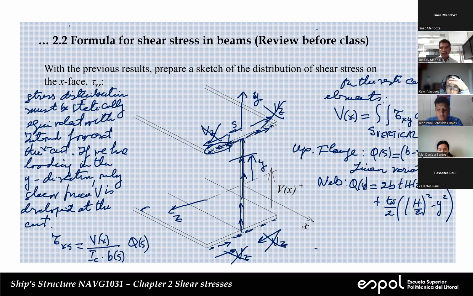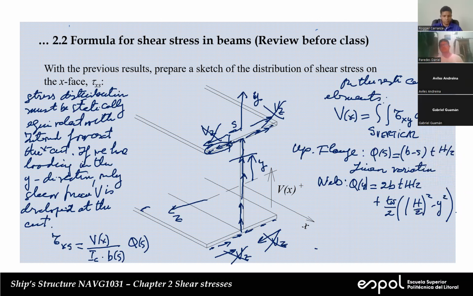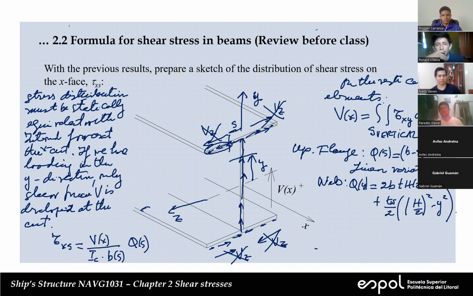Questions? No questions? We can see that in the upper part, the variation is linear. On the web, the variation is quadratic. And the largest value of this Q, of this first moment, will occur when Y is equal to 0. That's on the neutral axis.